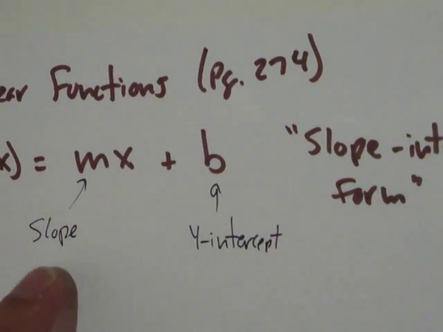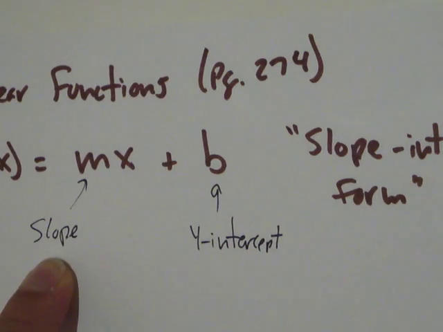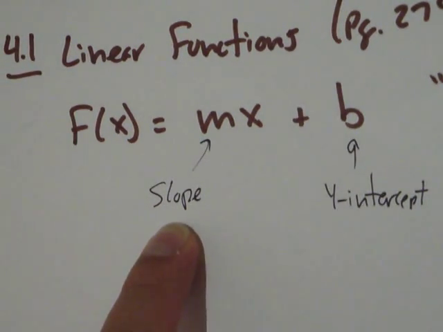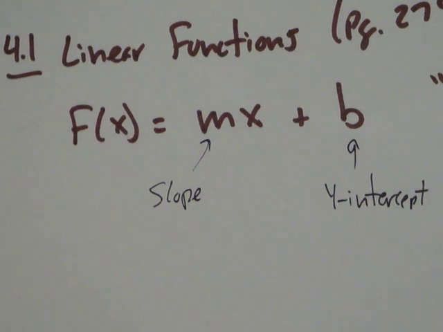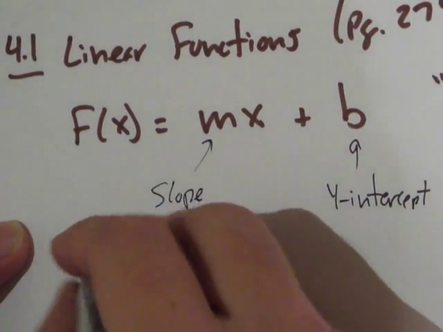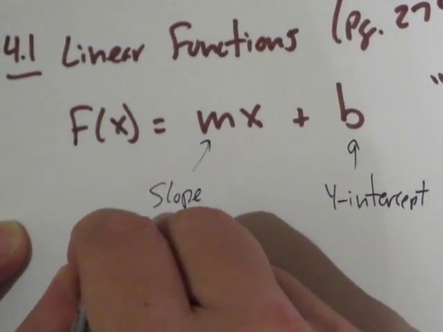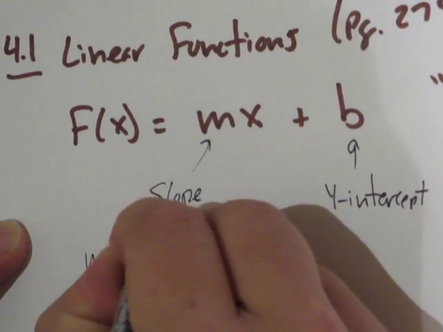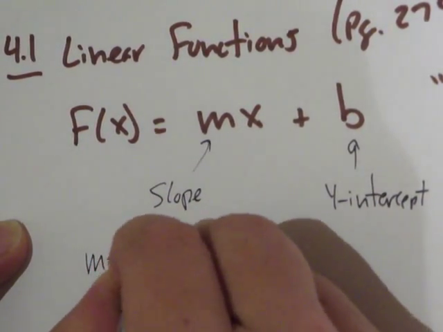What do I mean by slope? Let's think a little more about the word slope. We may remember from before that the slope m is the rise over the run.